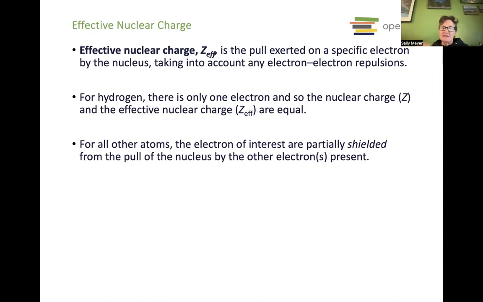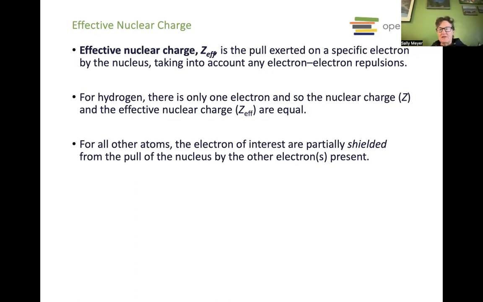So as you add electrons, each time how much the previous electrons shielded you from the nucleus will determine what the effective nuclear charge is. So for hydrogen, there's only 1 electron, and so the nuclear charge Z and the effective nuclear charge are equal, because there aren't any other electrons influencing how much of that positive nuclear charge that electron sees.